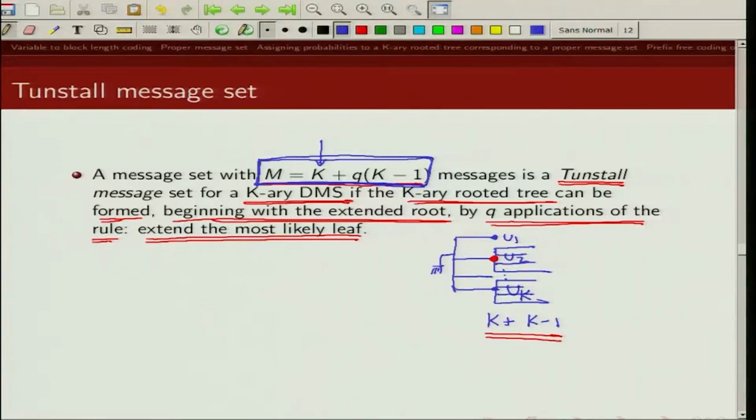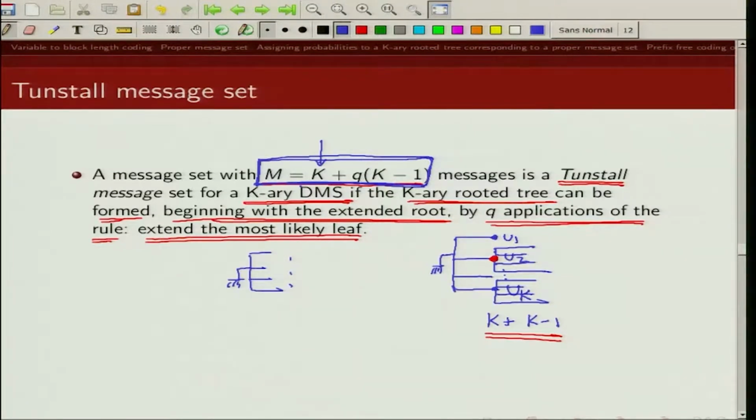I am calling this the extended root. So I have a root which has been extended to K leaves. At the extended root I get K leaves, but subsequently when I extend any of the leaves, I am adding only K minus 1 new leaves. So the total number of messages in a proper message set is K plus Q times K minus 1.